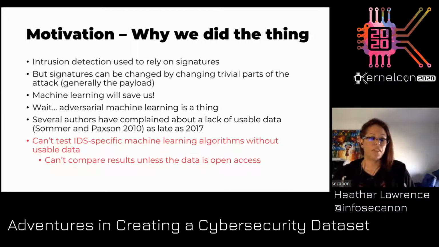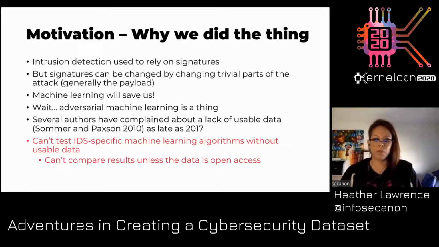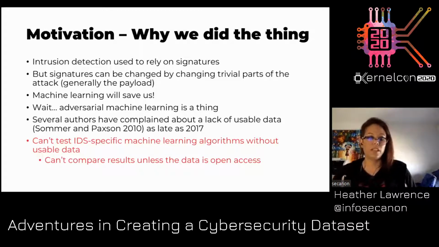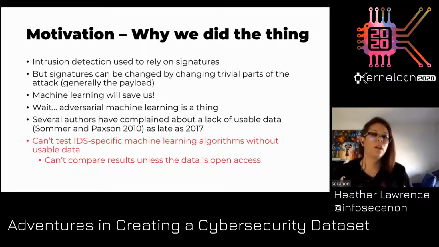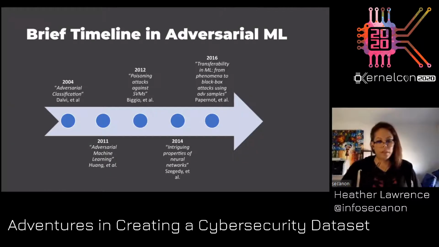And several authors since 2010 have complained about a lack of data. It's hard to test IDS-specific machine learning algorithms without having usable available data, and you can't compare how you implement those algorithms or what you train them with unless you have data that's open access and available amongst different researchers. So maybe you have no idea what I'm talking about.